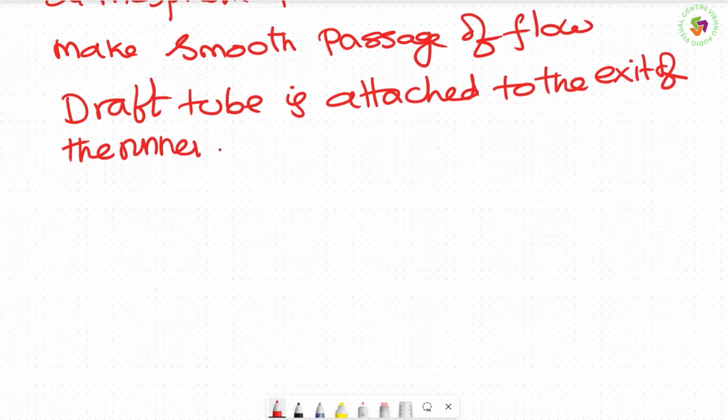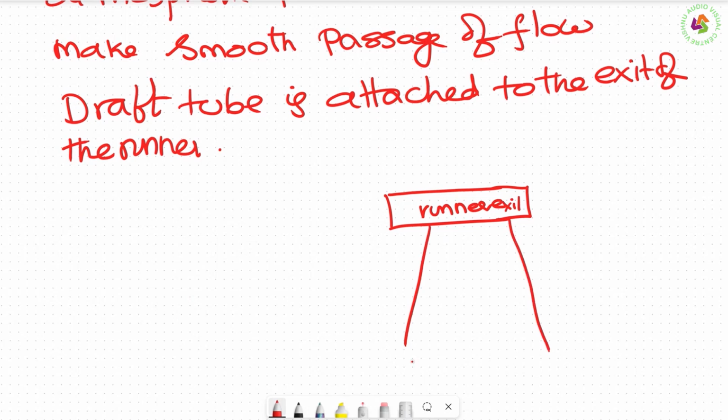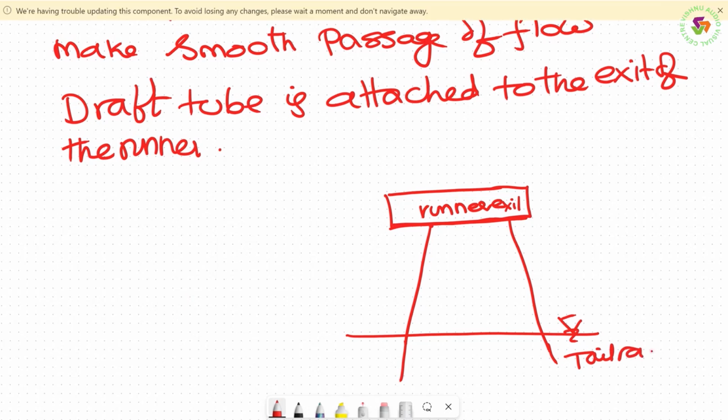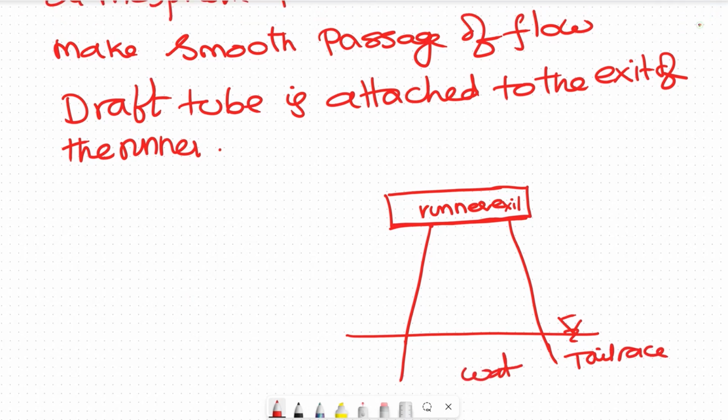How does it look? Suppose this is the turbine runner exit, right? The draft tube here will be like this. One end is attached to the turbine runner, the other end is kept in the tail race. This is water only.